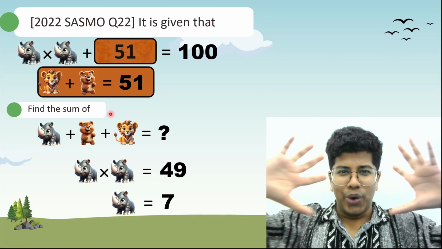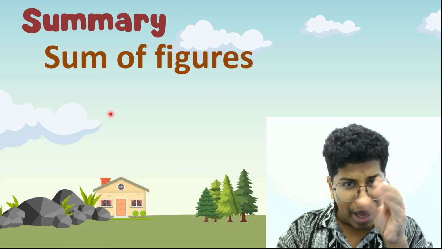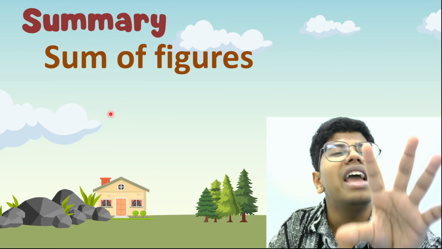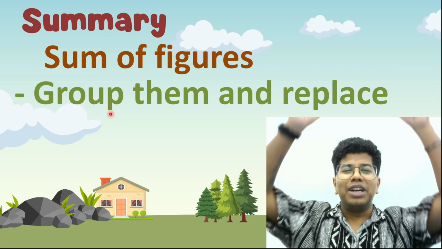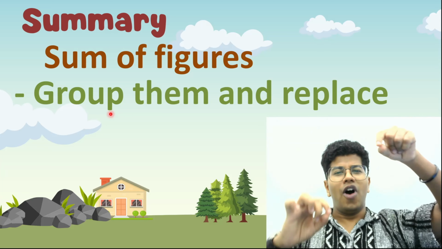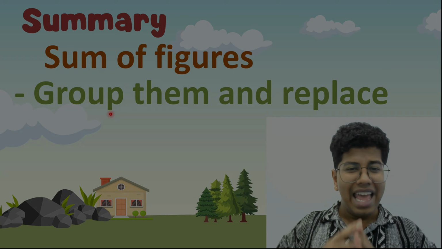We can just group them together. So let's summarize: if there is a sum of figures, we can group them together and then replace the value in the question. Group them and replace is the summary for this question.